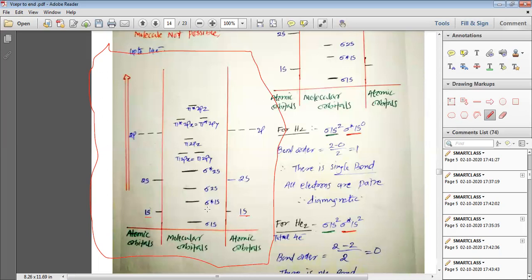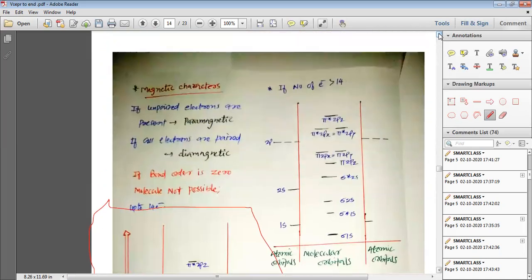So this is how, my dear students, we can understand the order for the first 14 electrons. I am repeating the order once again: sigma 1s, sigma star 1s, sigma 2s, sigma star 2s, pi 2px = pi 2py, sigma 2pz, pi star 2px = pi star 2py, and sigma star 2pz.